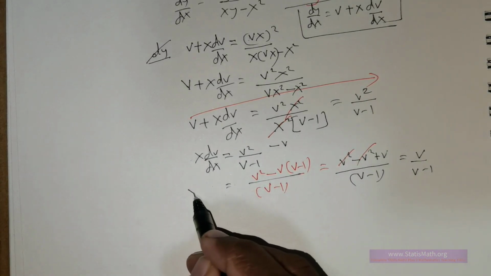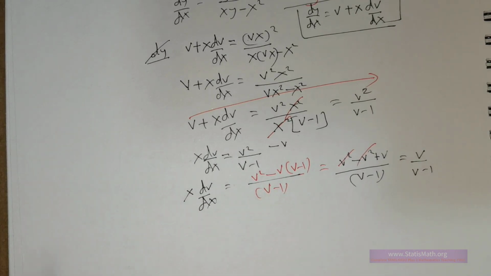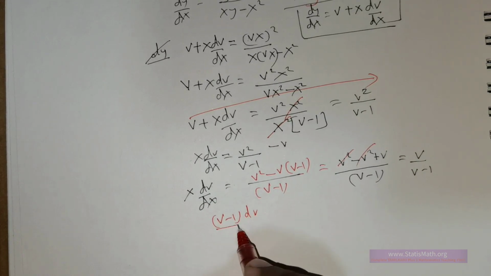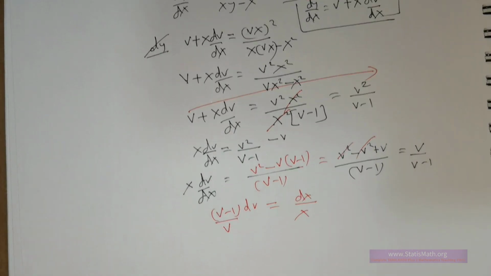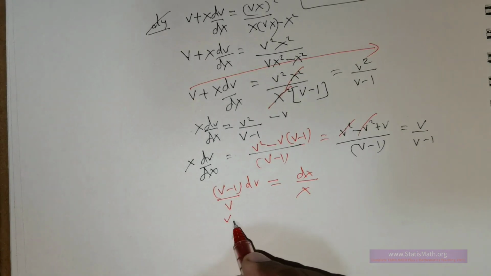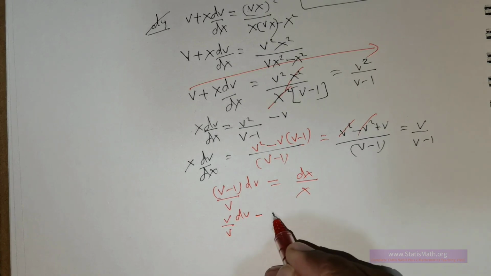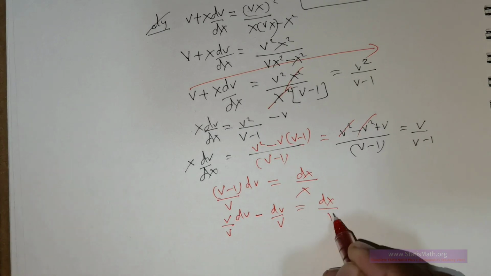On the left I've got x times dv/dx. Using variable separable, I can rewrite it now: (v minus 1) times dv divided by v equal to dx over x. Now this can be rewritten again as dv minus dv over v equal to dx over x.